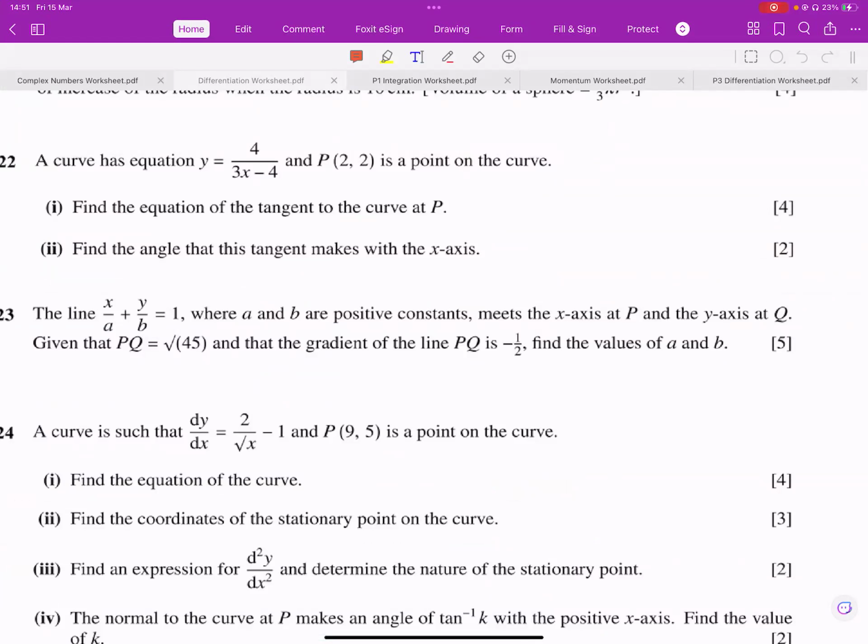Now, what's B? B is the y-intercept of the tangent. Okay. And what about C? C is the x-intercept of the normal. Okay. C is the x-intercept of the normal.